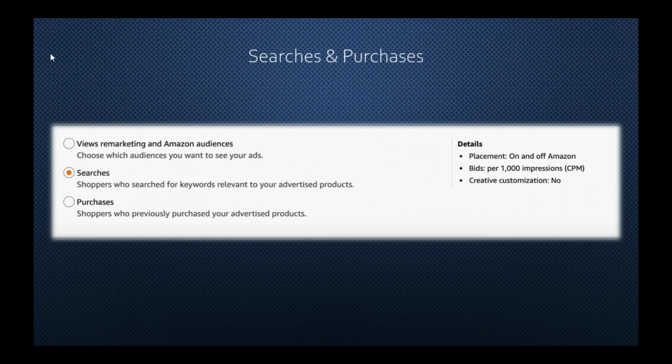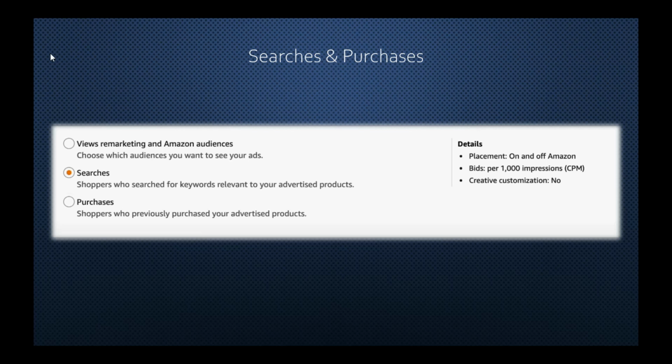So that's it. Moving on to searches and purchases. As for searches, it targets shoppers who search for keywords relevant to your advertised products. This is very similar to a sponsored products automatic campaign, where you give the controls to Amazon and it targets keywords that it thinks are relevant to your advertised products.